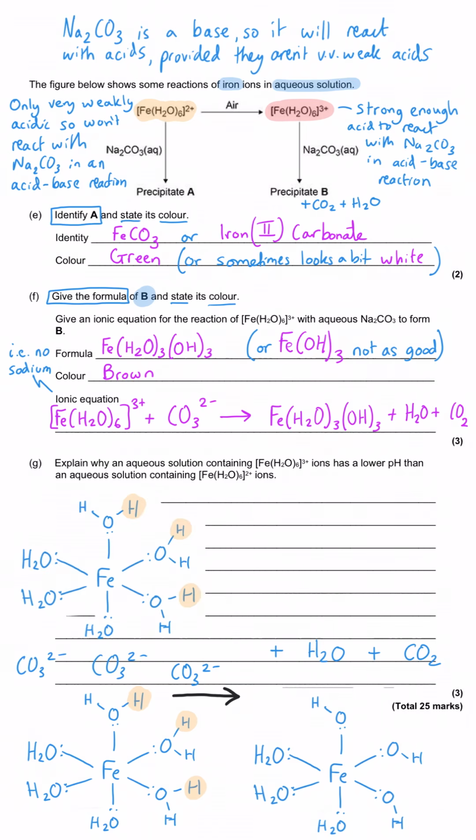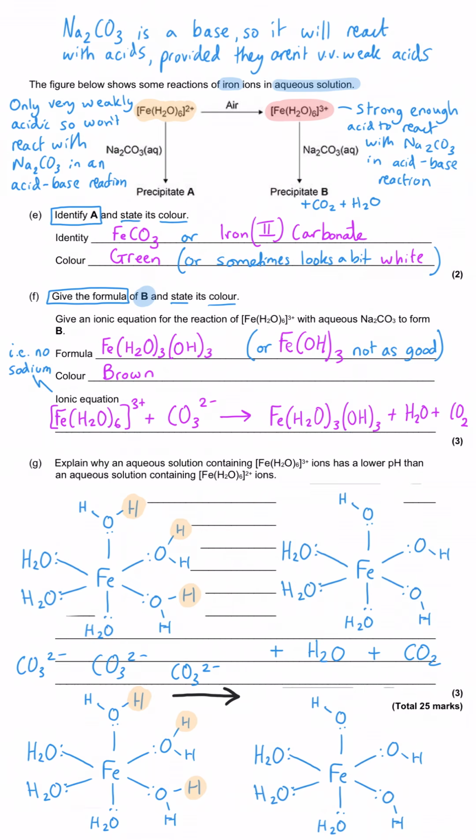And so as we're making carbon dioxide, we need to make as many carbon dioxides as we're using carbonates. In order to turn each carbonate into water and carbon dioxide, that carbonate needs to accept 2 protons. And so since the initial iron complex needs to lose 3 hydrogen ions, then we need to have a common multiple here of 6. So 2 of those iron complexes would need to lose a total of 6 hydrogen ions.